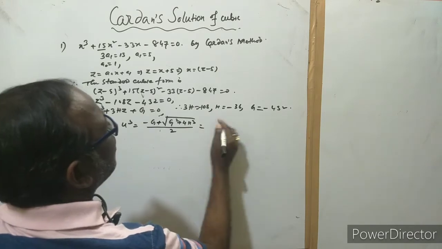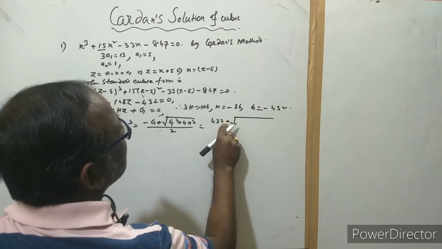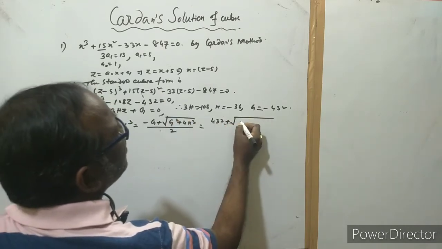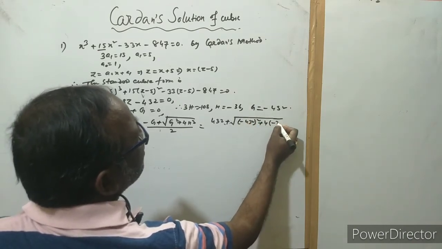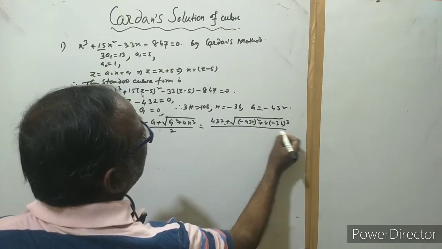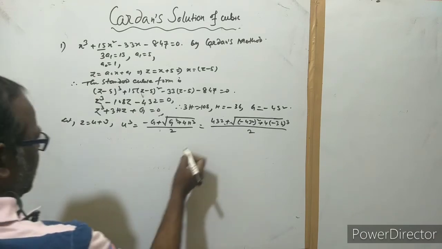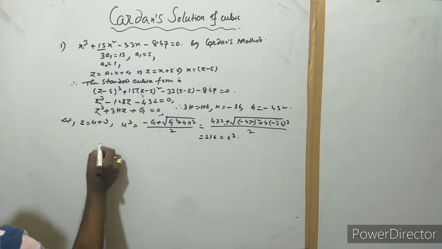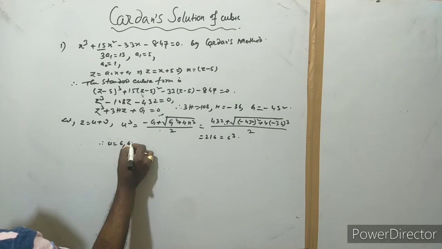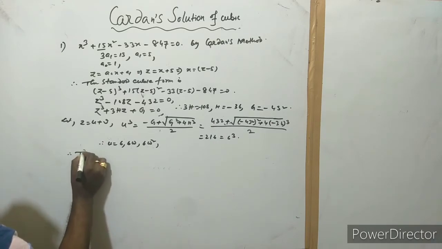Put here the value of g: 432 plus, sorry, this is only plus, root of g square, that is minus 432 whole square, plus 4h cube, that is minus 36 cube, by 2. So we get 216, that is 6 cube. Therefore u is equal to 6, 6 omega, 6 omega square.